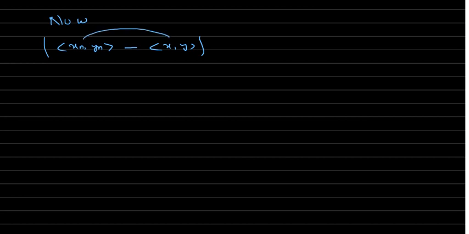So this is equal to inner product of xn with yn. Then I write here minus inner product of xn with y plus inner product of xn with y and minus inner product of x with y.